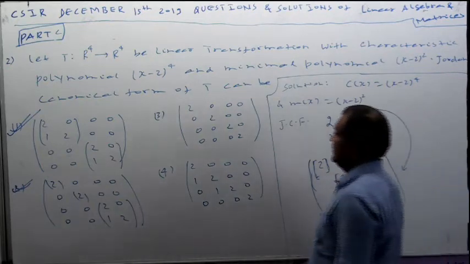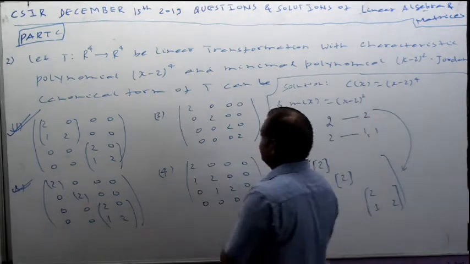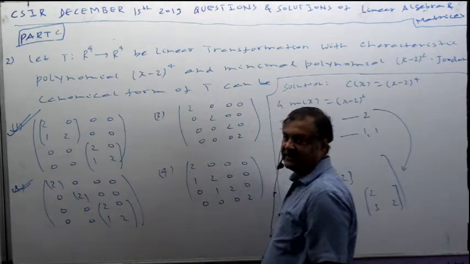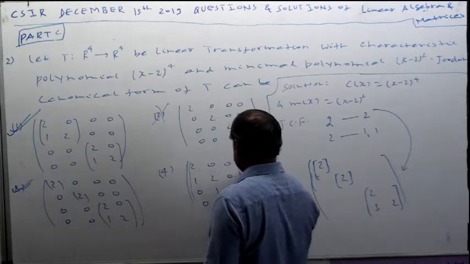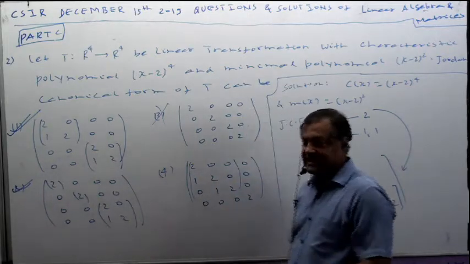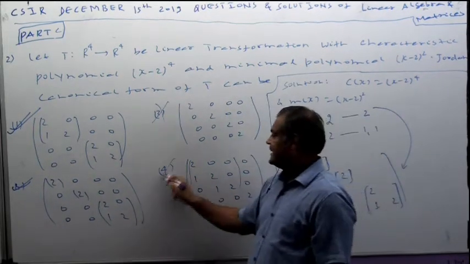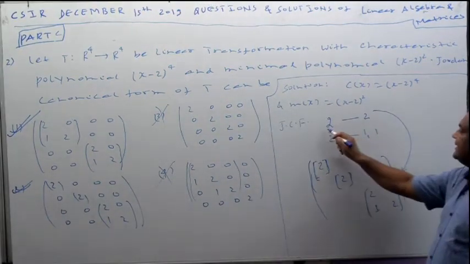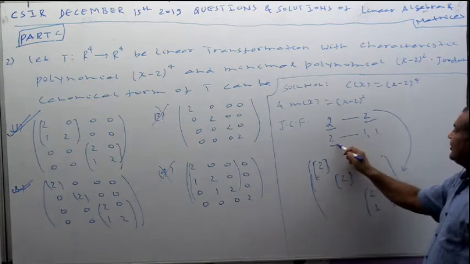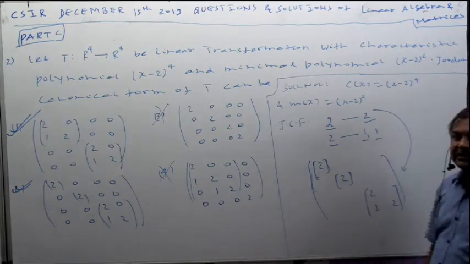Now see here. In this there is no block of size 2. Each is of size 1, 1, 1. Cancelled. Here we have one block of size 3, so 2 sub-diagonal places have 1, and one of size 1. That is also invalid, because we have only 2 valid cases: 2 blocks of order 2, or 1 block of order 2 and the remaining 2 blocks of order 1.